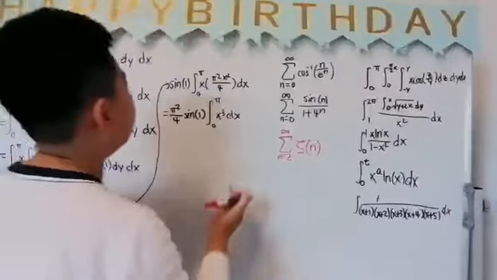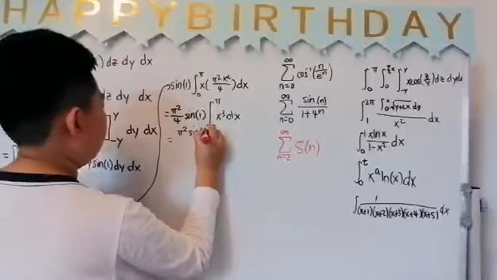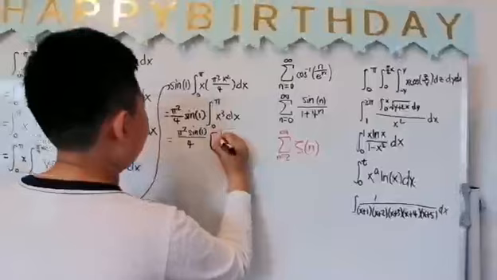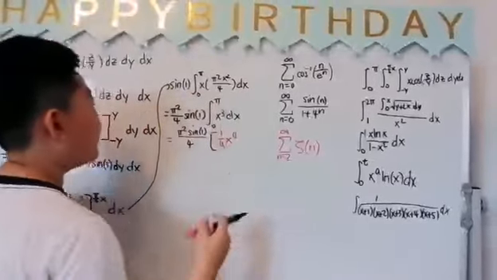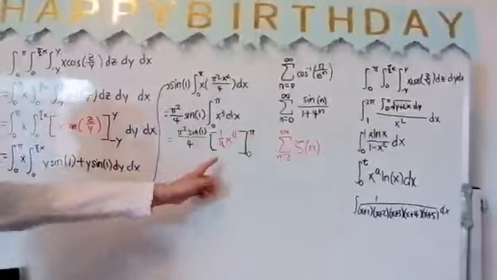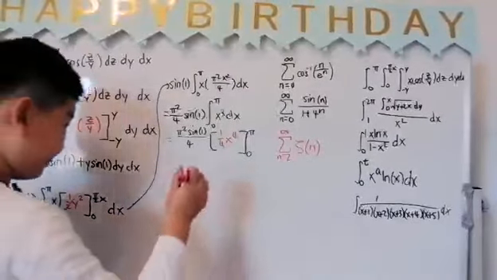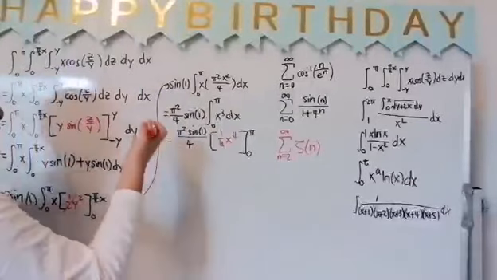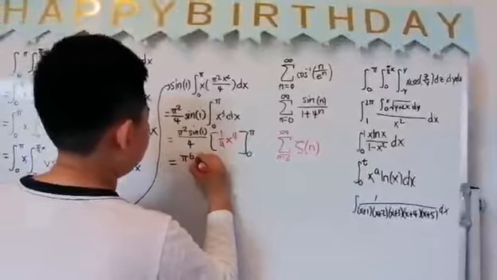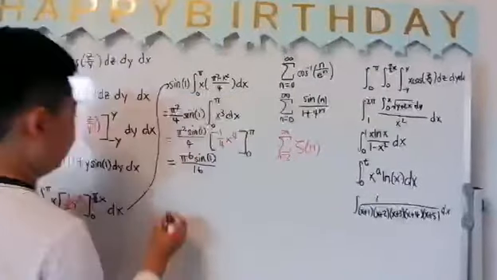Then we integrate this: pi squared sine of 1 over 4 times, integrating x cubed, we get 1/4 times x to the 4th, and then we're going to go from 0 to pi, of course. And then this 1/4 and this 1/4 make 1/16. Pi to the 4th times pi squared is pi to the 6th. We will get this equals pi to the 6th sine of 1 over 16.